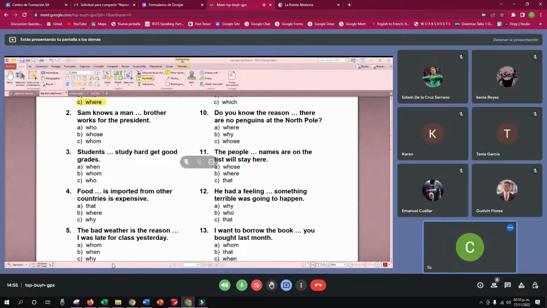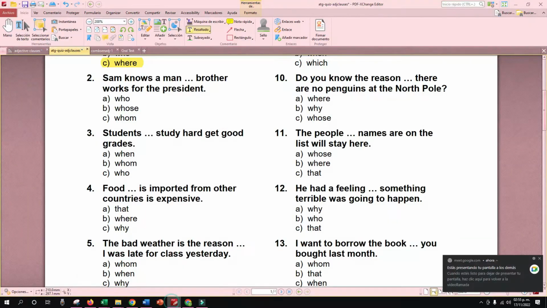Okay. So, in that case, you have this. Sam knows a man, blank brother works for the president. Whose is the brother of the man in this case, right? It shows ownership or belonging, so you need to use whose.